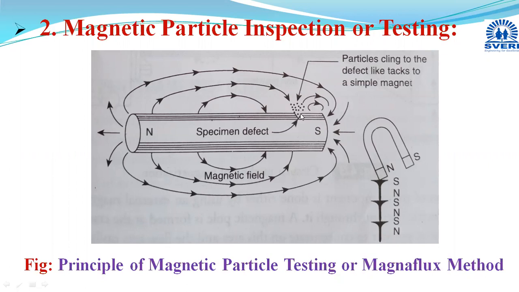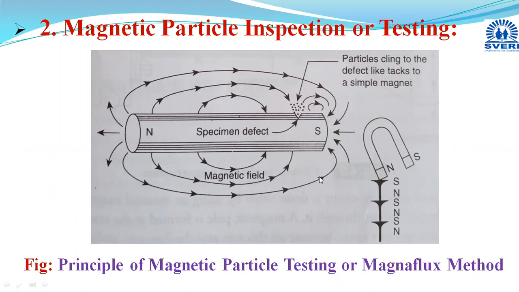Whichever fine ferromagnetic powder we have applied on the specimen will get concentrated towards that crack or defect spot. Why is it happening? Because at that particular defect spot, a pole is created. We know that the N and S poles in a magnet attract ferromagnetic material.